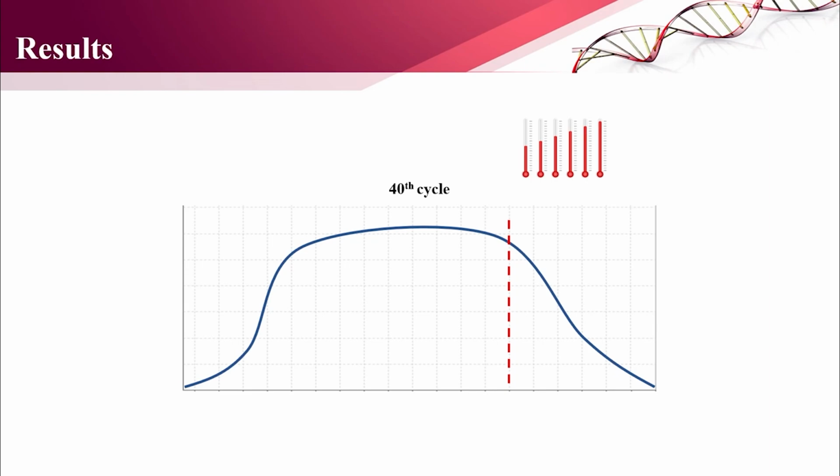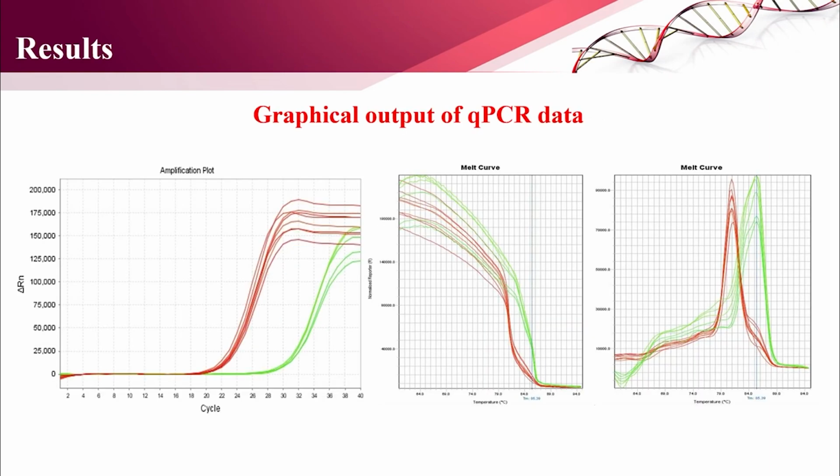At a specific temperature the DNA strands fully separate, and the SYBR Green, which was bound to double-stranded DNA, also detaches. In its unbound state, SYBR Green will not fluoresce anymore, resulting in a sudden drop in fluorescence in the graph. This temperature, at which the fluorescence drops, is known as the melting temperature.